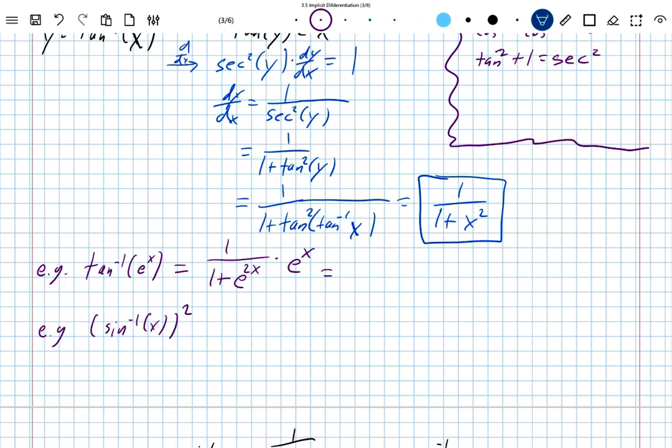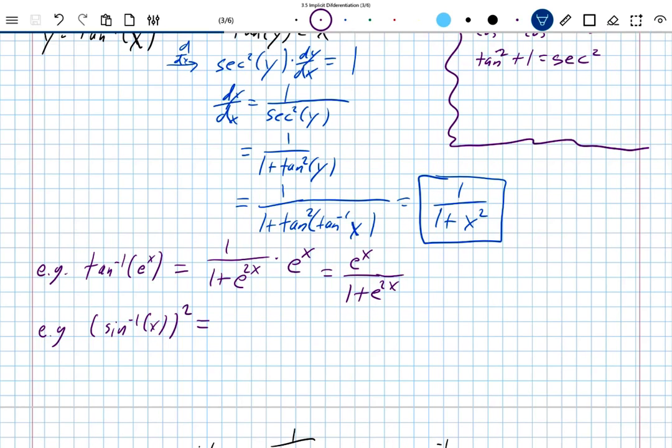This is just e to the x over 1 plus e to the 2x. Nice. Okay, as always, try these before you watch me do them, and if something happens that confuses you, pause it, see if you can do it on your own, and then see if it agrees.